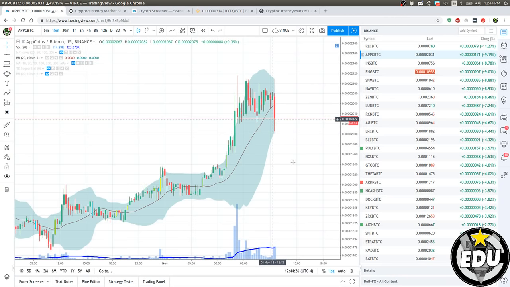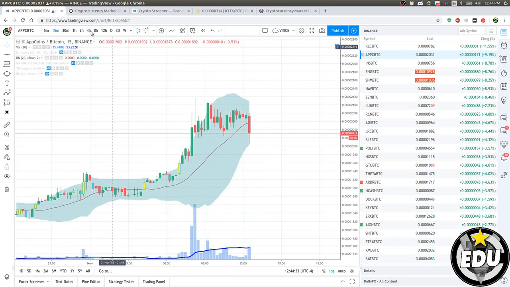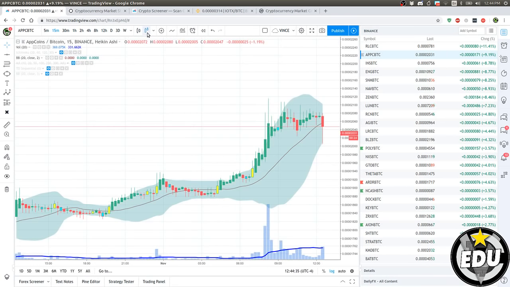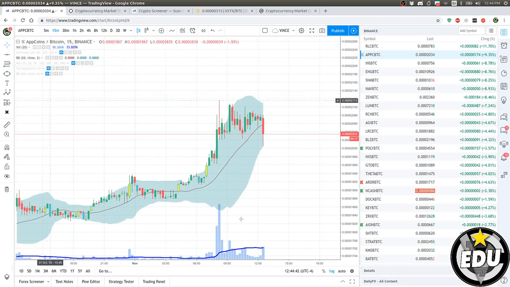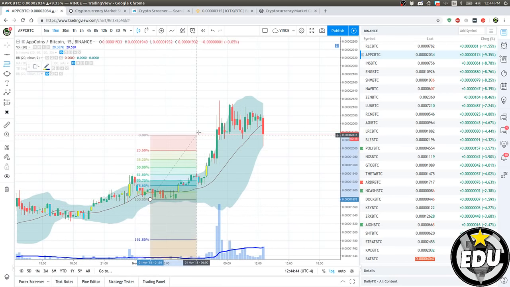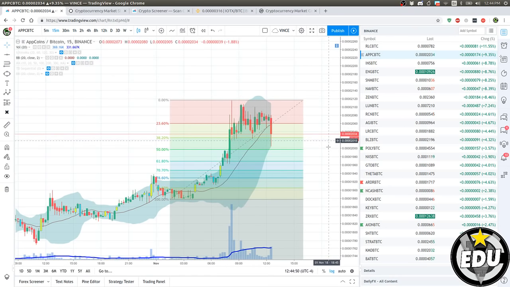Some people bought it right there. Let's just check a Fibonacci of this trade. Almost on 50%.